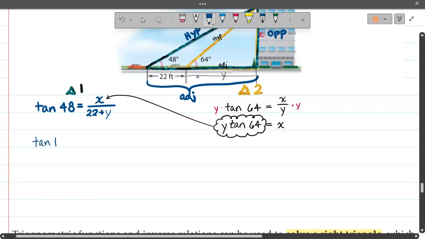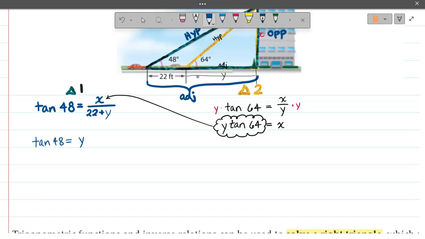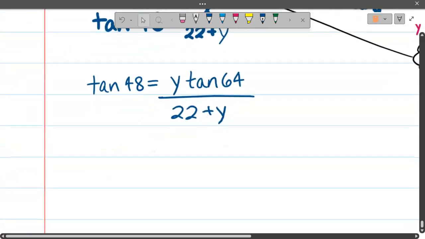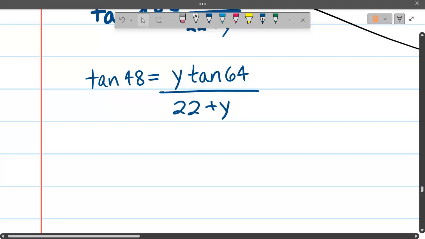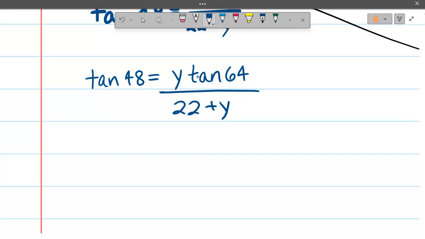The tangent of 48 equals y tangent of 64 over 22 plus y. Now we have one equation with one variable, and we can solve this. It's pretty nasty, but it's just algebra. So the first thing I'm going to do is multiply both sides by 22 plus y to eliminate this fraction that I have here.